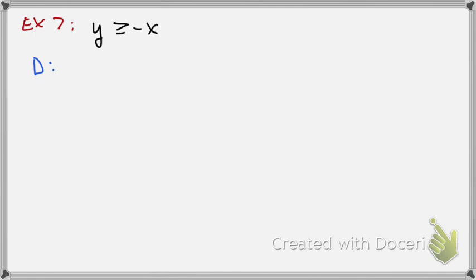What's the domain? Would just be negative infinity to positive infinity. Yeah. If you don't see one of those two exceptions, it's negative infinity to positive infinity. Good answer.